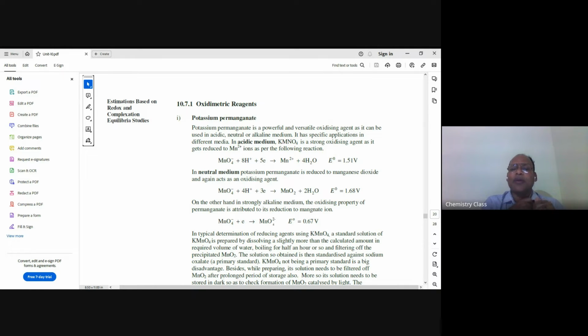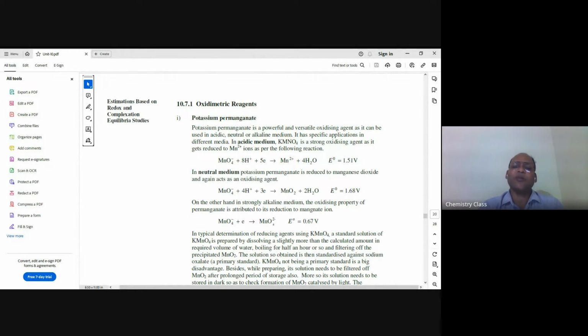In this case, manganese in MnO4 minus has the +7 oxidation state, and on the product side, manganese has the +2 oxidation state. That means the oxidation state decreases and it is reducing in nature. In neutral medium, potassium permanganate is reduced to manganese dioxide, MnO2. Manganese dioxide again acts as an oxidizing agent.